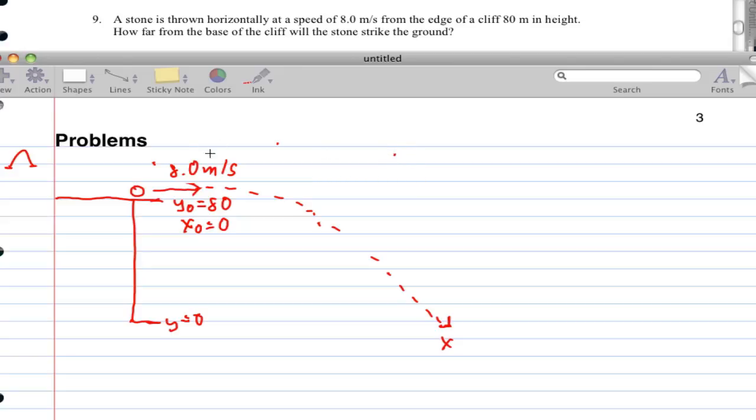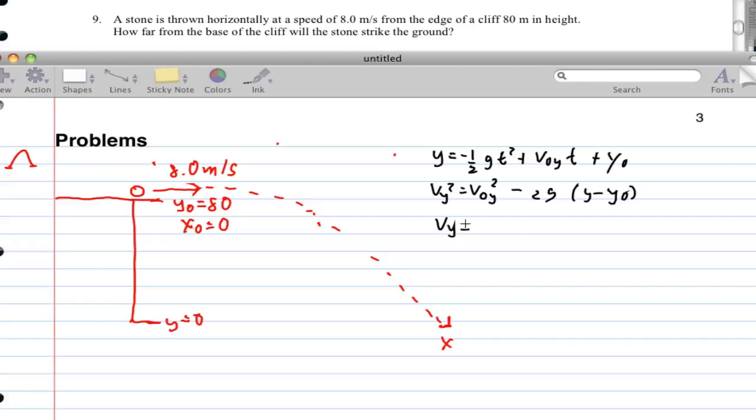If we look at our formulas, we're going to have y equals negative 1/2 g t squared plus v naught y t plus y naught. We're going to have v y squared equals v naught y squared minus 2g times y minus y naught.